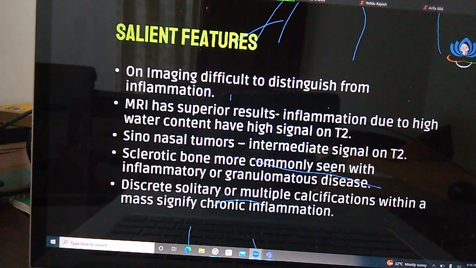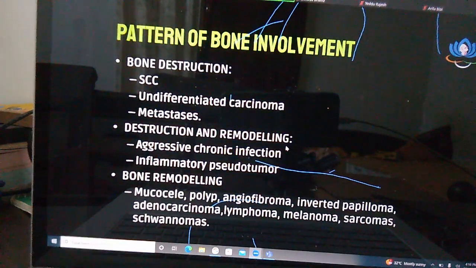Sclerotic bone is more commonly seen with inflammatory or granulomatous disease, whereas in malignant lesions we see more of an erosive picture as far as bone is concerned. Discrete solitary or multiple calcifications within a mass signify chronic inflammation. Calcification is a sign of chronic inflammation rather than malignancy, which we need to remember.